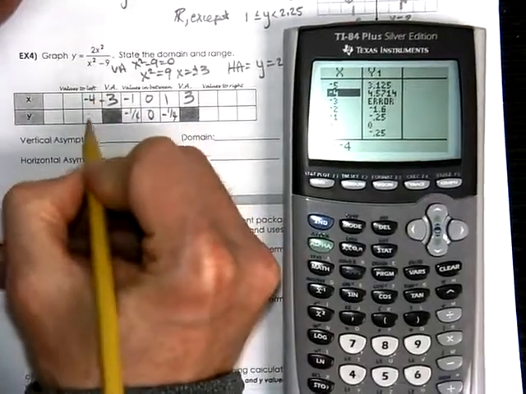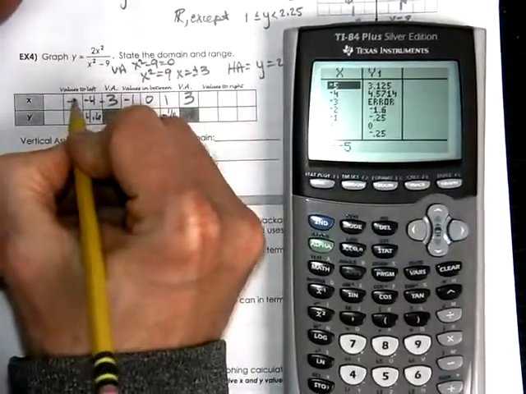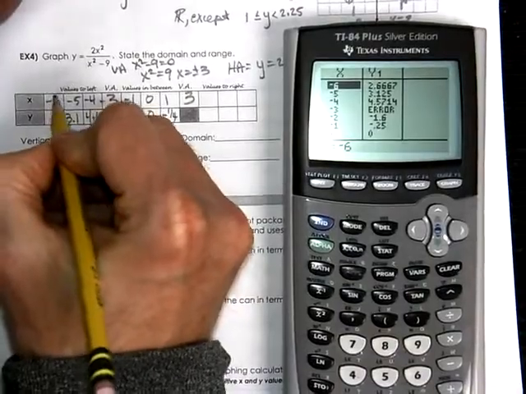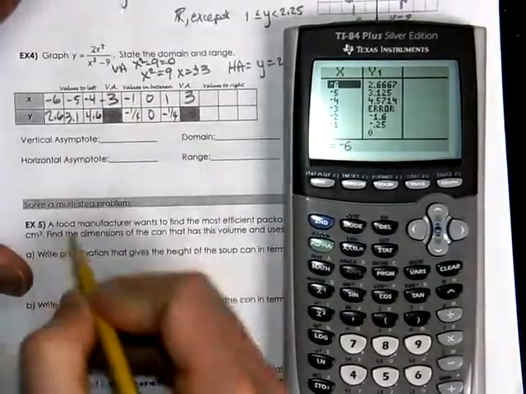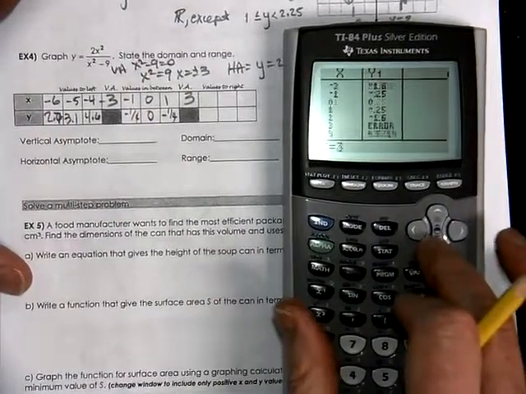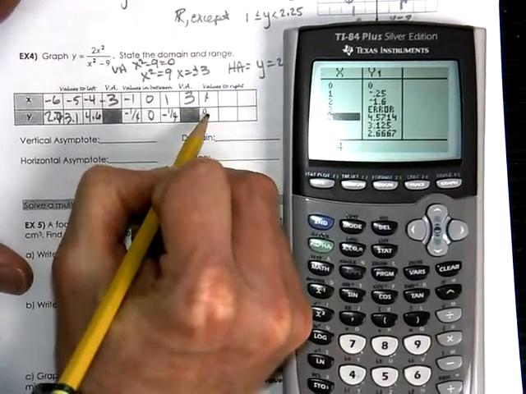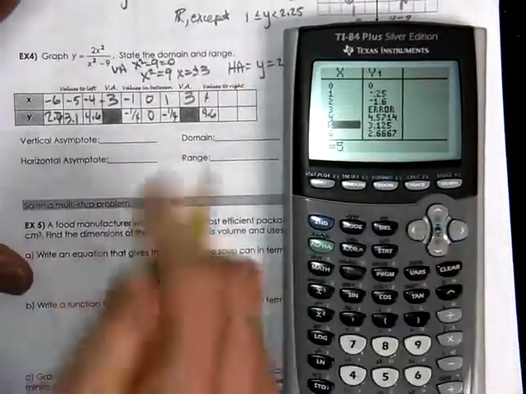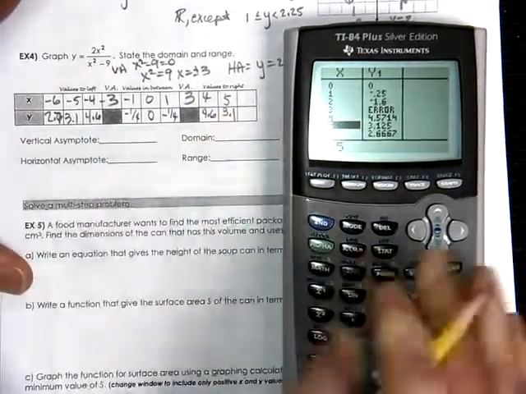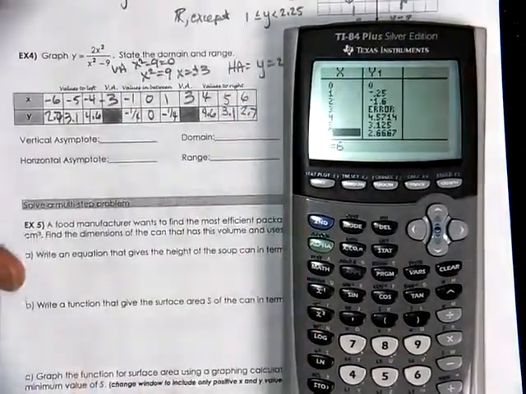At -4, we're going to be at 4.6 almost. At -5, we're going to be at 3.1. And at -6, we're going to be at 2.6 or 2.7. On the other side of our asymptote, at 4, we're going to be at 4.6. At 5, we're going to be at 3.1, and at 6, we're going to be at 2.7.